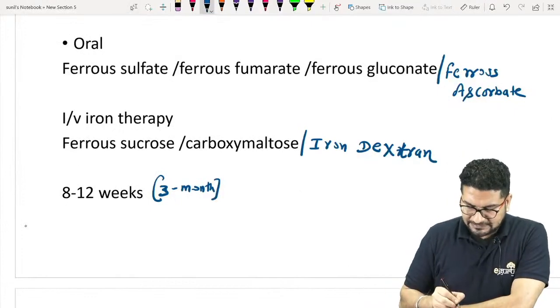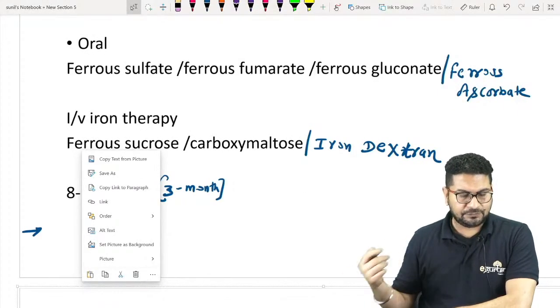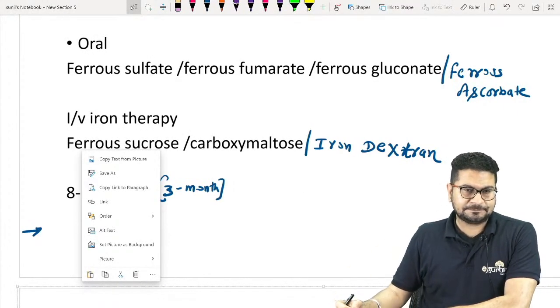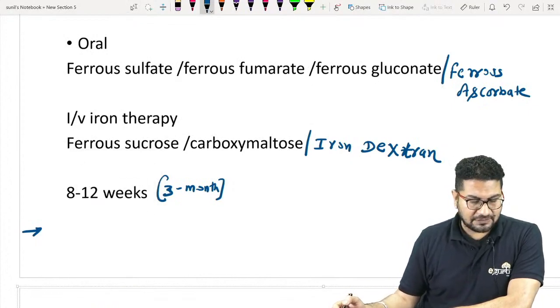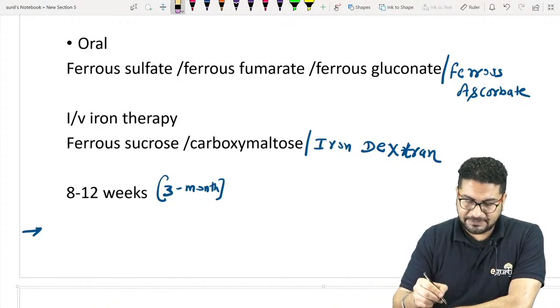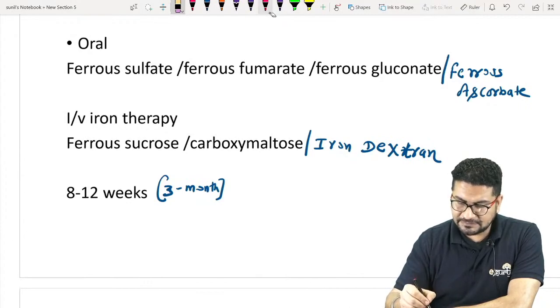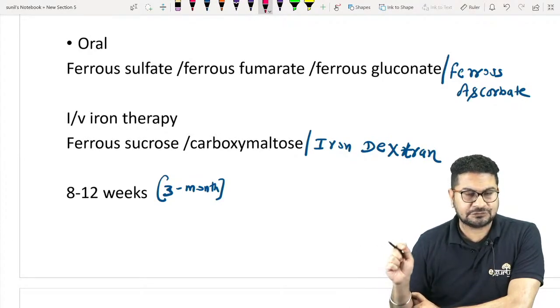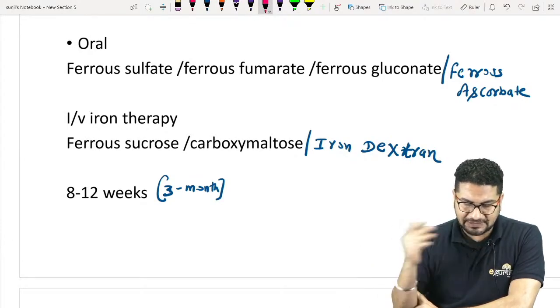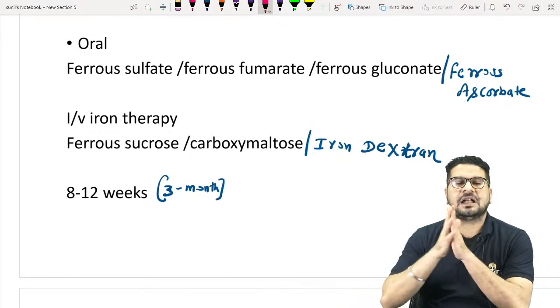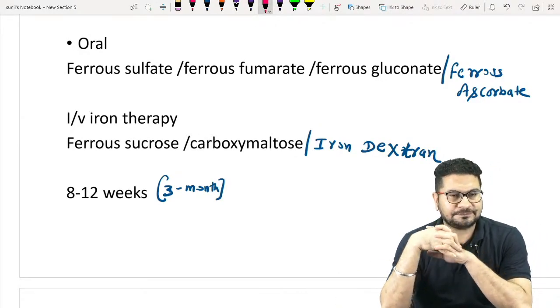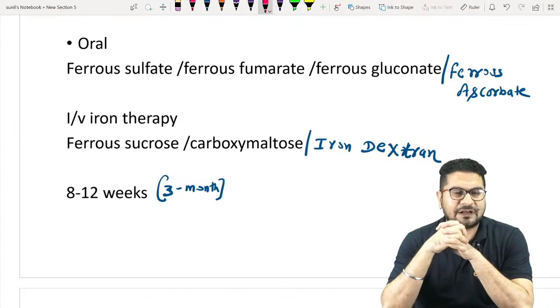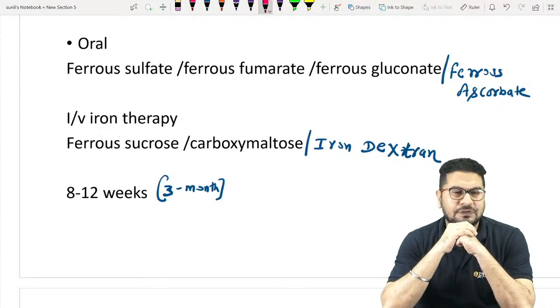Okay, suppose the last thing I can say is, if you see a patient with iron deficiency anemia, what do you notice first? The first thing that decreases is your serum ferritin. So let me ask the question once again, try to understand this. Iron absorption occurs in the duodenum. The transporting form is transferrin, the stored form is ferritin.